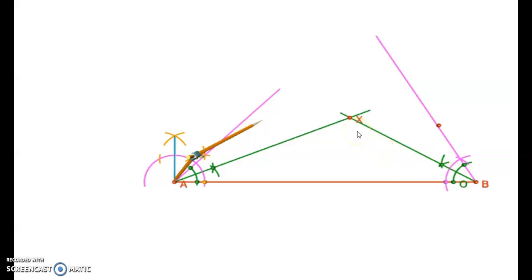Now to draw the perpendicular bisectors, you need to take more than half of the length of this line segment AX, and draw arcs on either side of AX with A as center as shown, and draw another arc on the other side of AX.